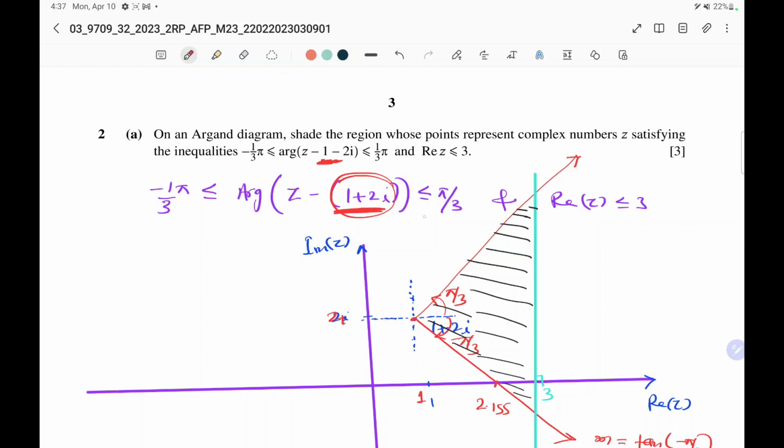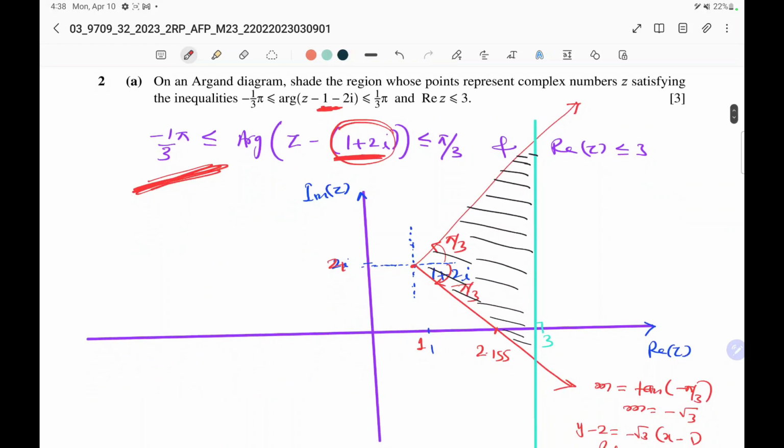Then I have drawn one ray originating from 1 plus 2i, making angle pi by 3 with the positive direction of the x-axis. Another ray passes through 1 plus 2i, making angle minus pi by 3, or pi by 3 in the clockwise direction with the positive direction of the x-axis.